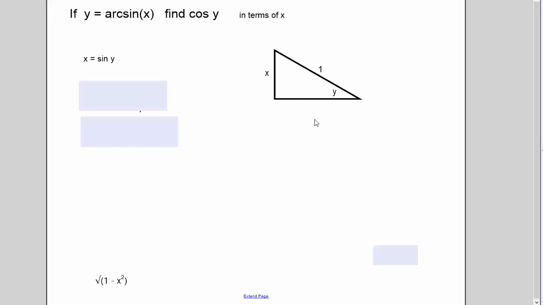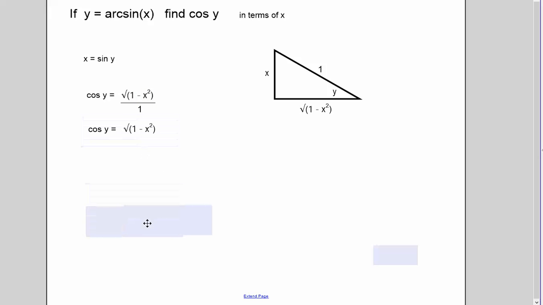So the unknown length here must be equal to 1 squared minus x squared, and then square root the answer. So we've got root 1 minus x squared. Now we're asked to find cos y. So using the triangle, cos y is the adjacent divided by the hypotenuse, which is this. But because we're dividing by 1, we can just write it as this. So there we found cos y in terms of x.